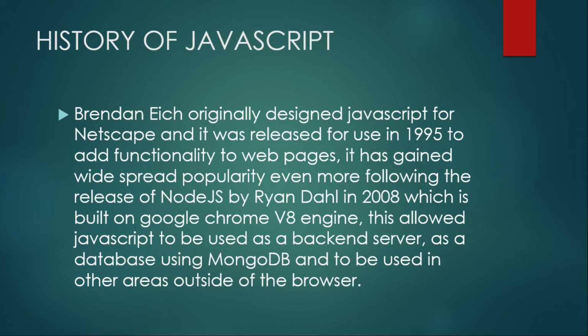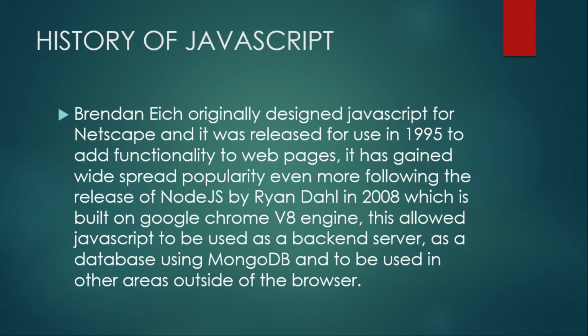So from here, JavaScript can now be run anywhere outside of the browser, making it possible to be used as a front-end programming language, as a back-end programming language, and as a database programming language.